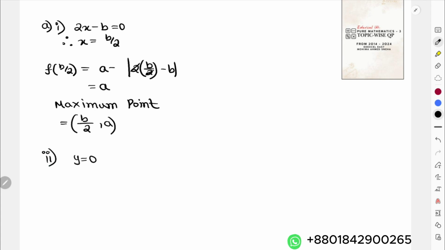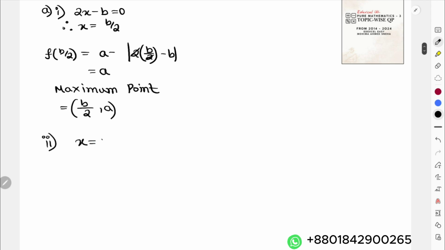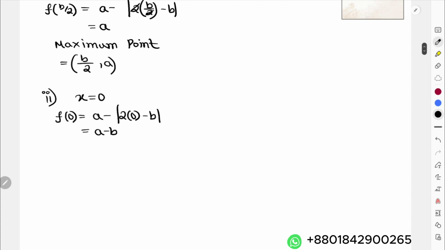If x is 0, we're going to find out f of 0, that is a minus modulus of 2 times 0 minus b. So eventually we get a minus b. So for the y-axis, the graph intersects at 0, a minus b.